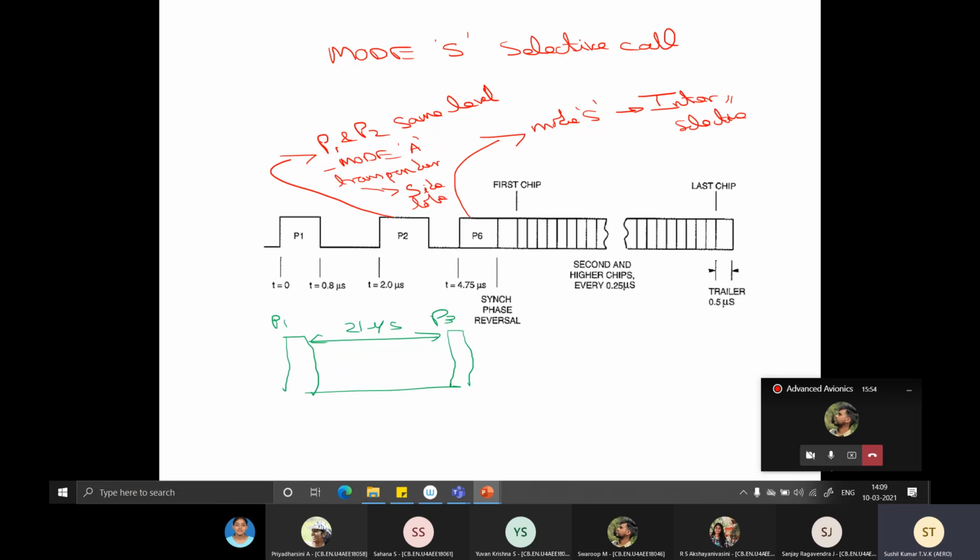Sanjita, are you getting the question? Yes, sir. I got the question. Let's say some older generation aircraft is also flying in the same coverage area, fitted with a mode C transponder.